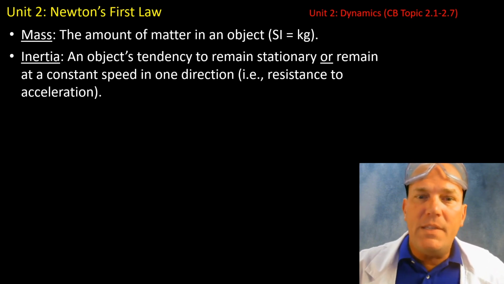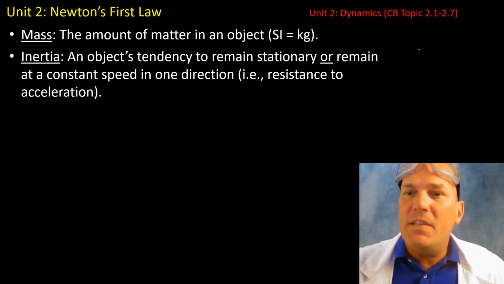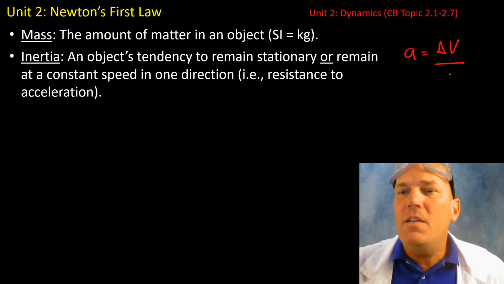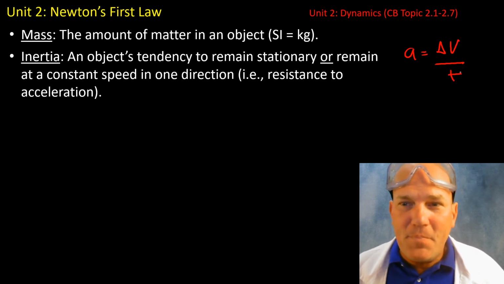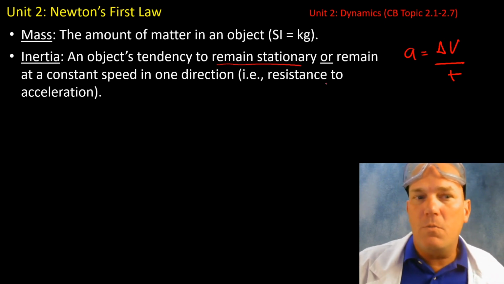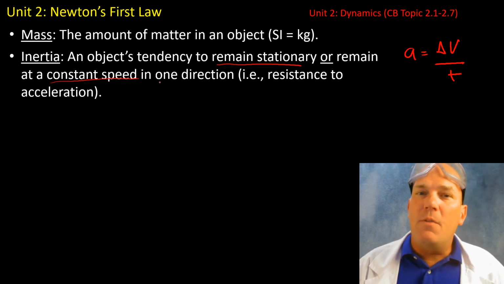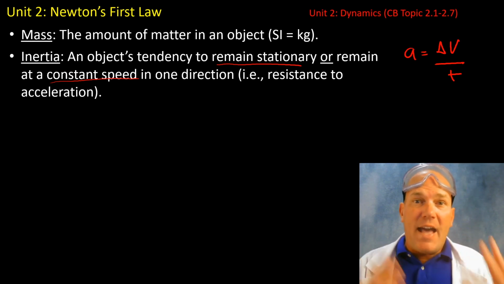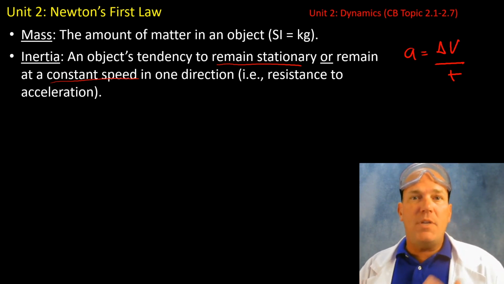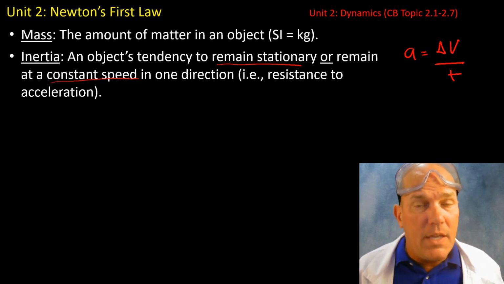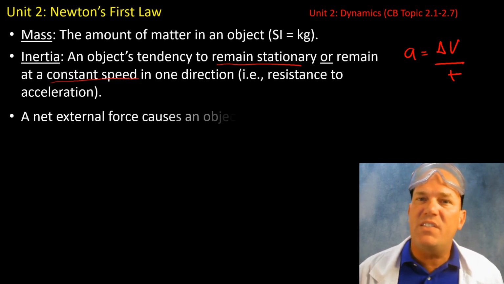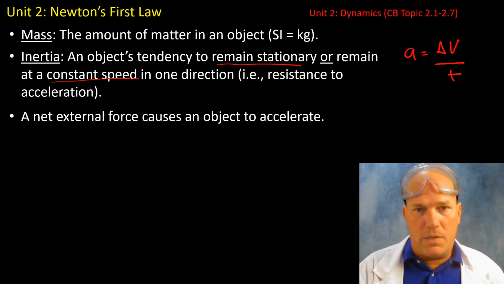If we look at acceleration as a change in velocity over a duration of time, well, we're talking about a zero velocity, which is not changing, or a constant speed in one direction, which is a constant, unchanging velocity. So this applies to an object that is either at rest or moving with a constant velocity. That's what inertia is, an object's resistance to a change in velocity, or acceleration.